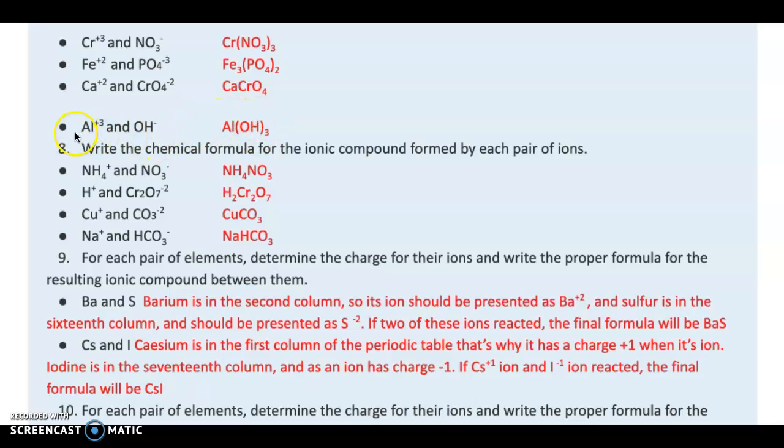When you write it, you write aluminum first, and then you write parentheses next to OH, and on the bottom of those parentheses, you write the number that belongs to aluminum. So you write 3 over here, okay? Next one.